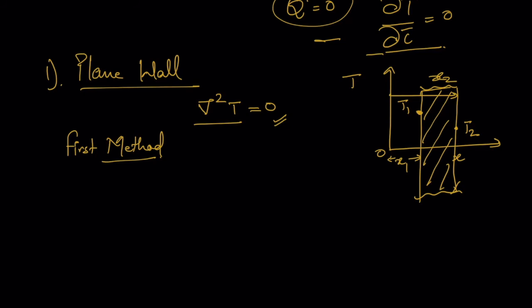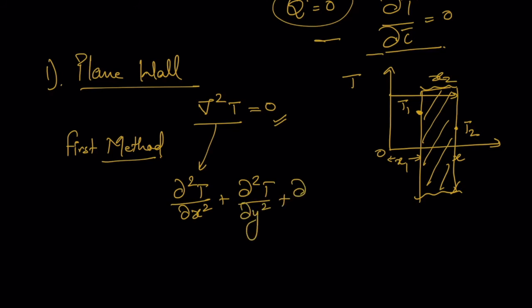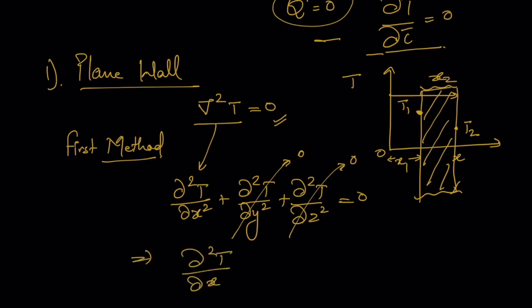So let's write in full first. del 2T by del x square plus del 2T by del y square plus del 2T by del z square equals 0. Now we are taking y and z as constant, so this will be 0. So this will become del 2T by del x square equals 0, right?